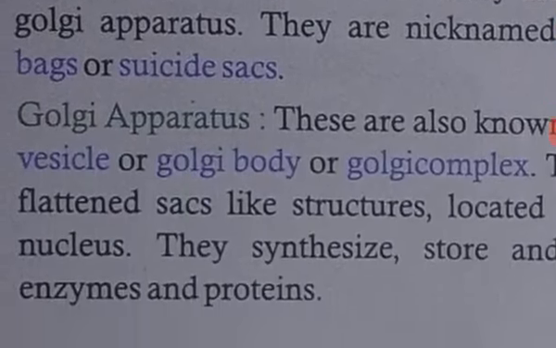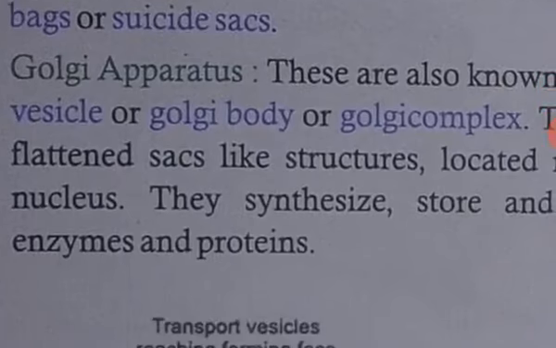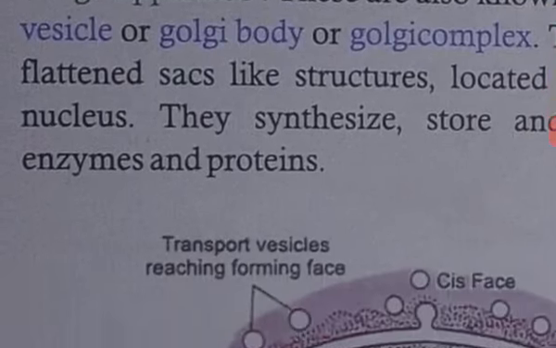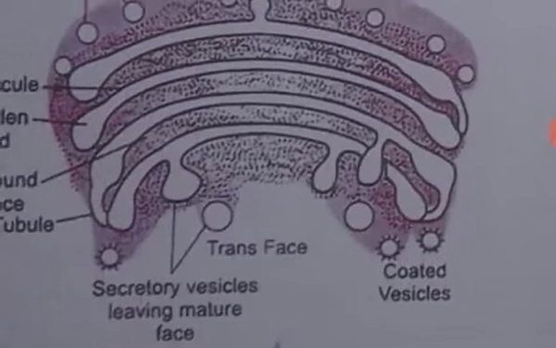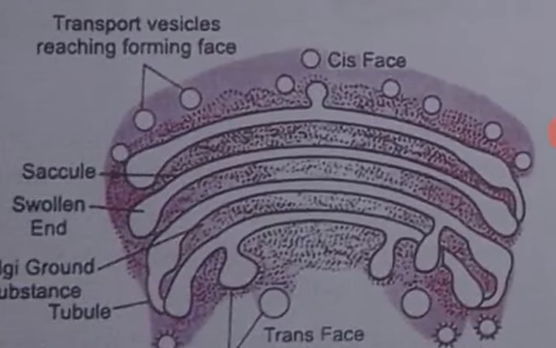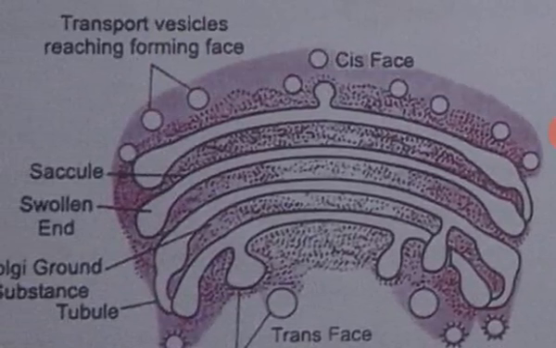And the next is the Golgi apparatus. The Golgi apparatus consists of a number of membrane-bounded, fluid-filled flattened sacs called the cisternae, vesicles, and vacuoles.